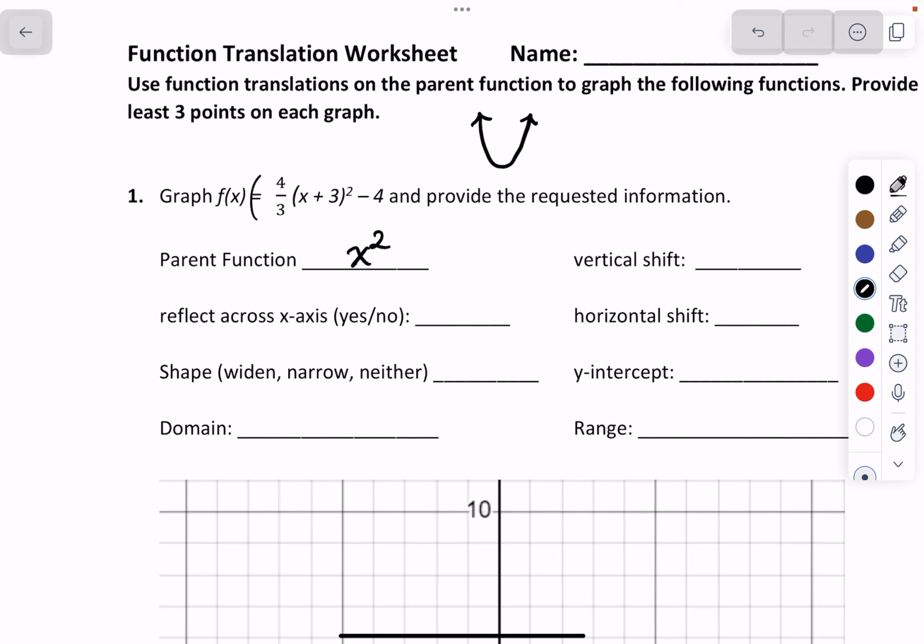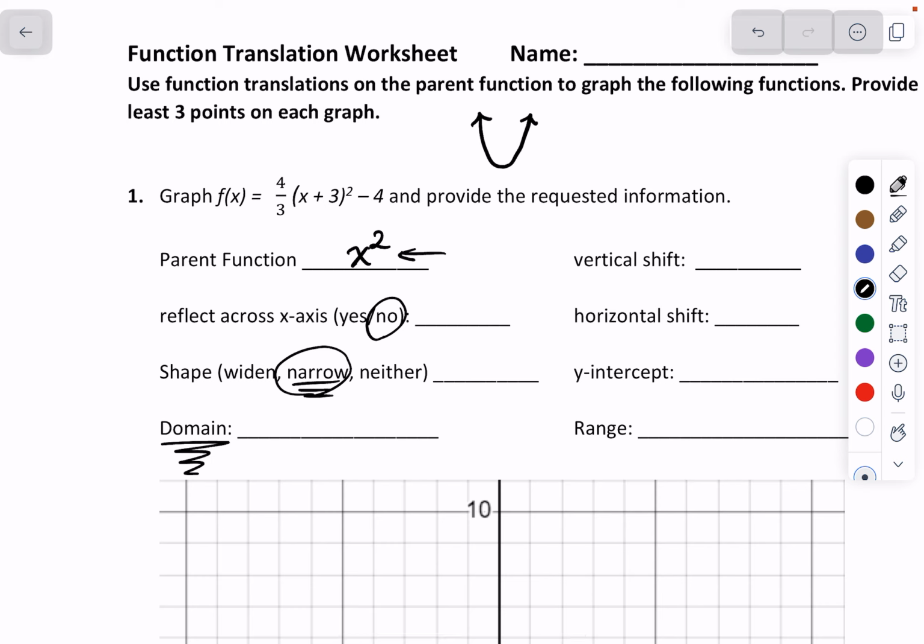Well, we don't have a negative here or in front of that x, so no reflection. Do we have a widening, a narrowing, or neither? Well, so this number is bigger than 1. If you go back to your MonkeyCats, you'll know we're going to narrow, right? A narrowing effect.